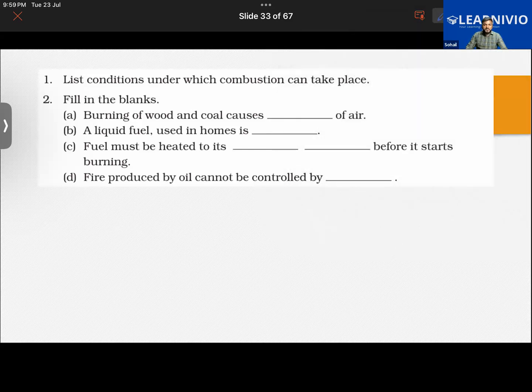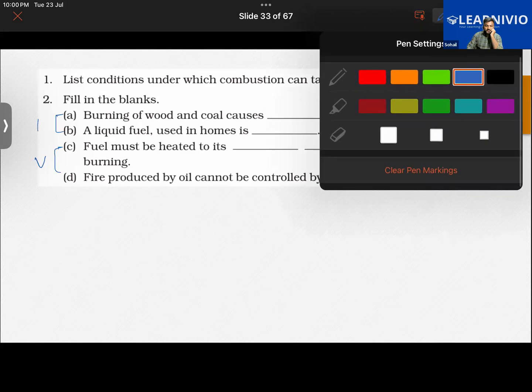Answer the first question, Aisha. Yes, you answered the first question. And these two, Ibrahim, and these two, Vaiga. Pollution. List conditions under which combustion can take place.